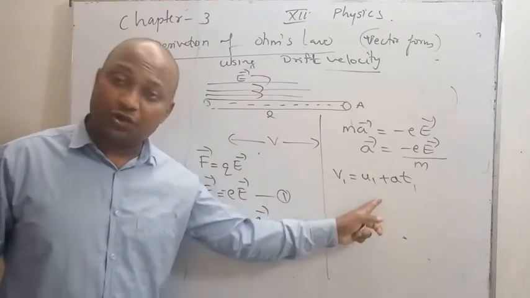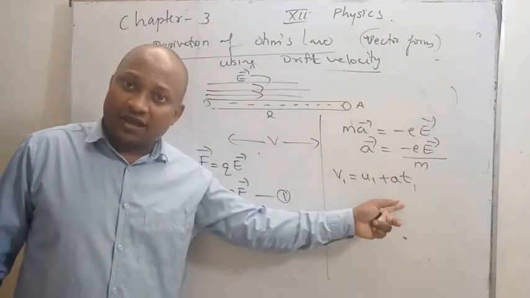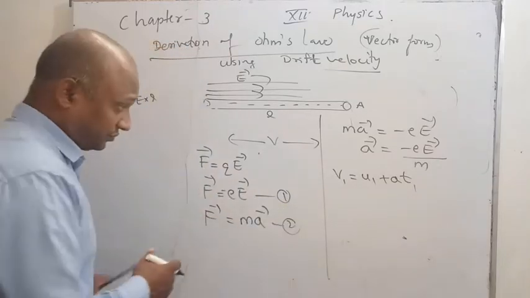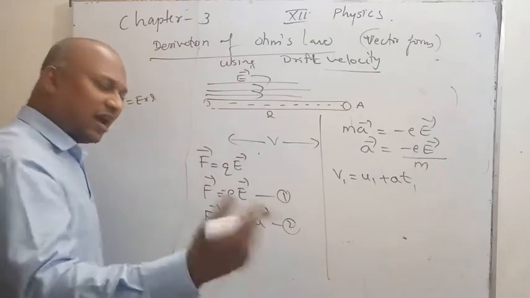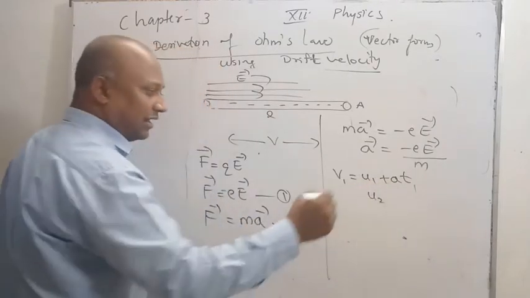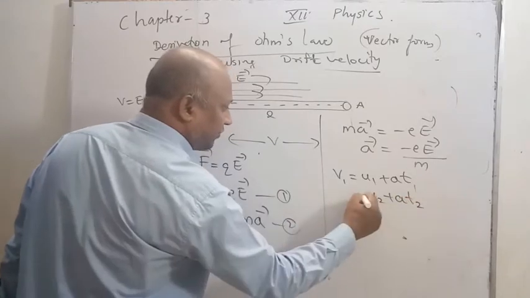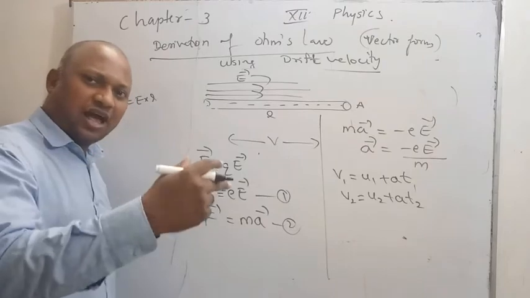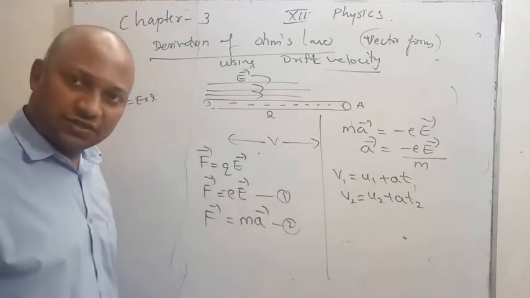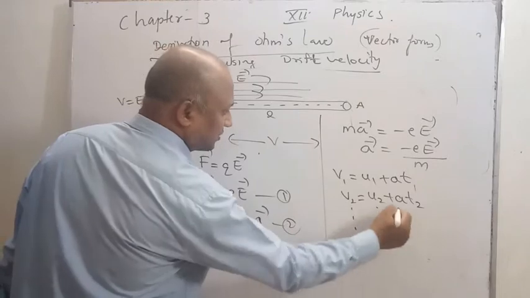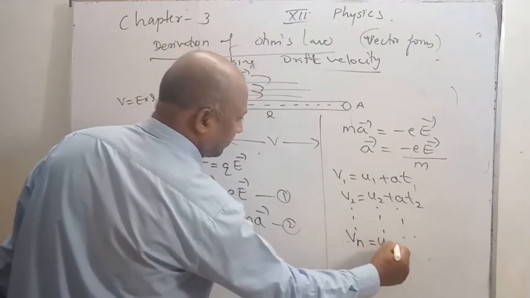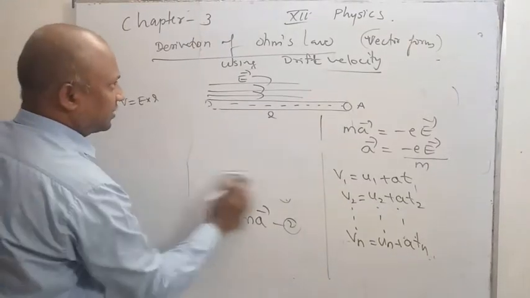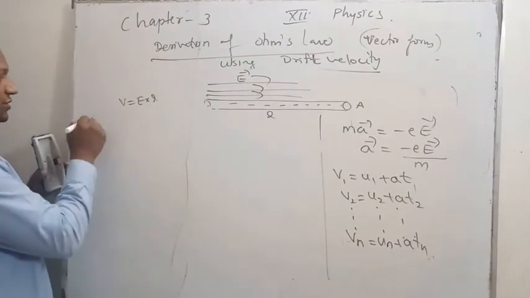Then it collides and the velocity changes to u2, and then it accelerates, and after a time t2 the velocity becomes v2, and after t2 it collides with another atom, and again its velocity changes. So it goes on like vn is equal to un plus a tn. So what is the average velocity? That is our concept here. Drift velocity or average velocity.